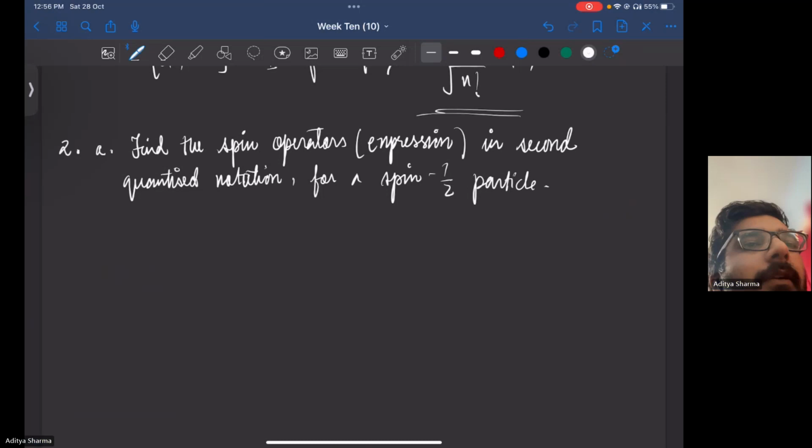And part B is: find Sx, Sy, Sz explicitly in second quantized notation.